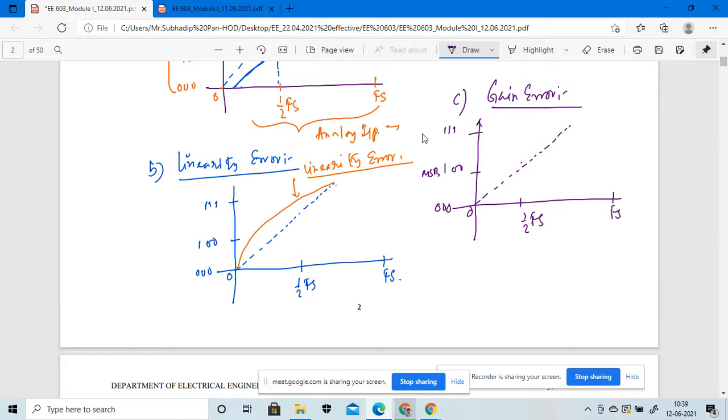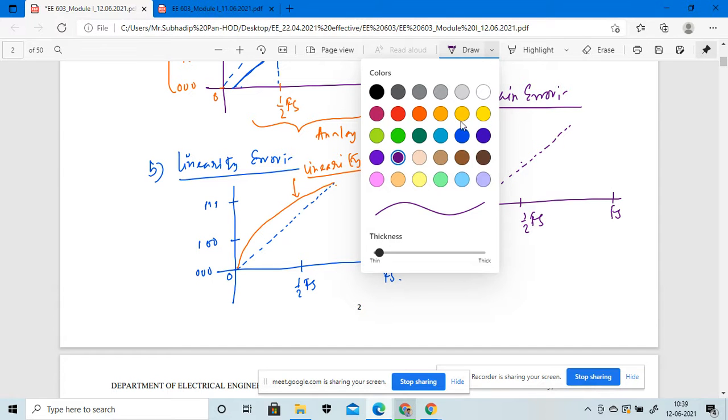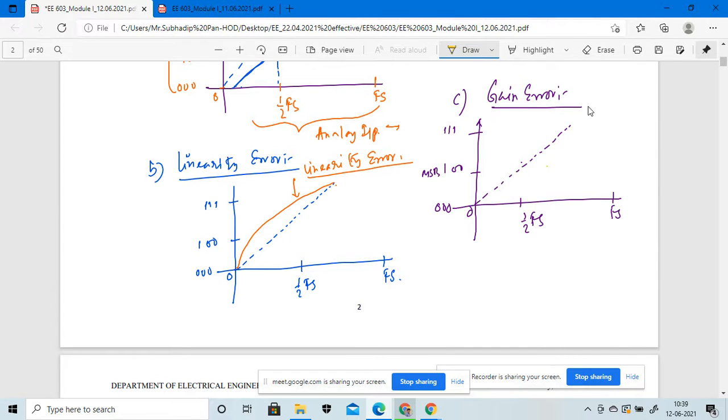Suppose this is the initial state when my A to D converter is under operational conditions, not ideal conditions, so it follows the linearity equation. If any such gain error occurs, then this operational mode will gain some error. Gaining some error means the line should be like this: it follows the linearity, but it gains something.